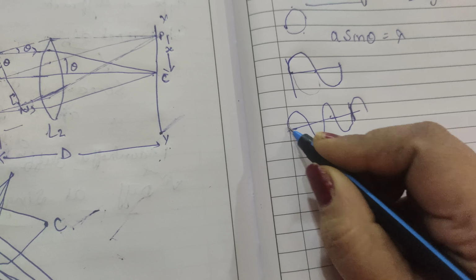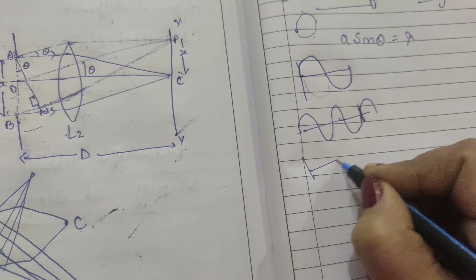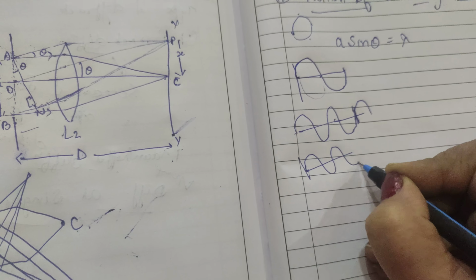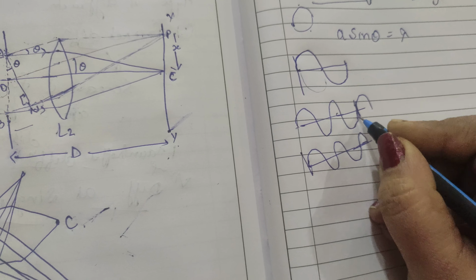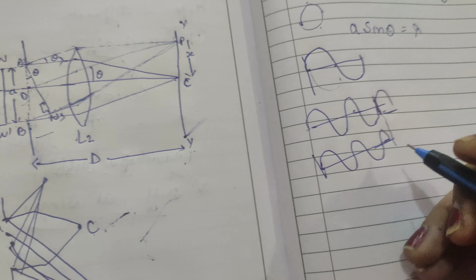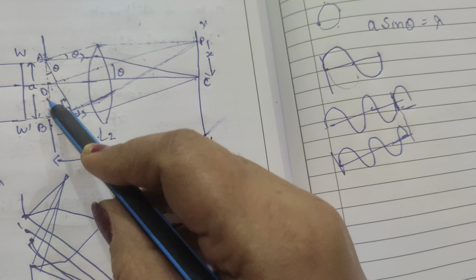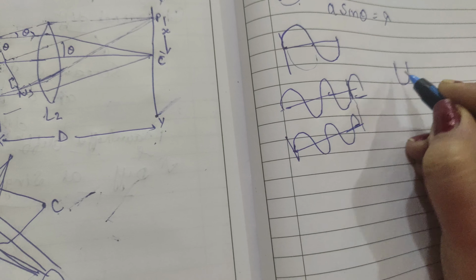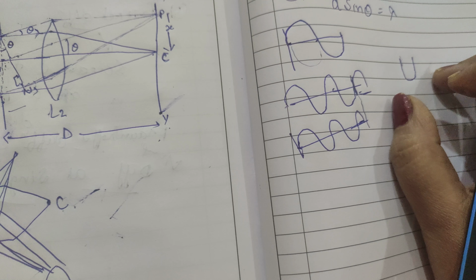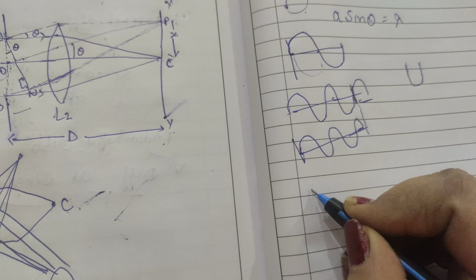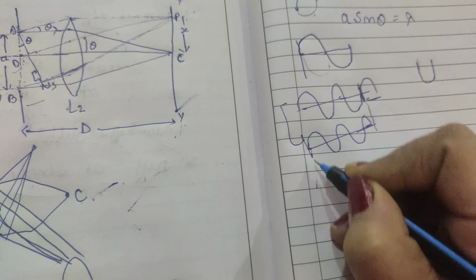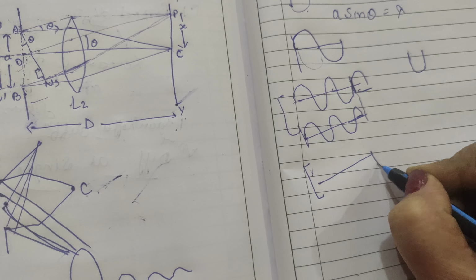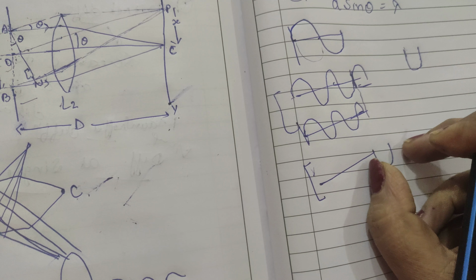Suppose from A and from O the wave reaches like this with path difference lambda by 2, and similarly the wavelets from the other pair also have path difference lambda by 2.